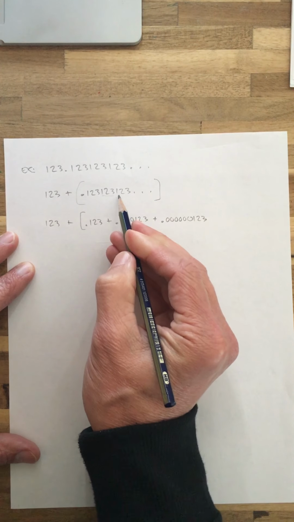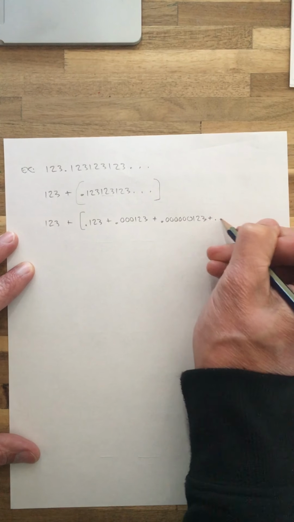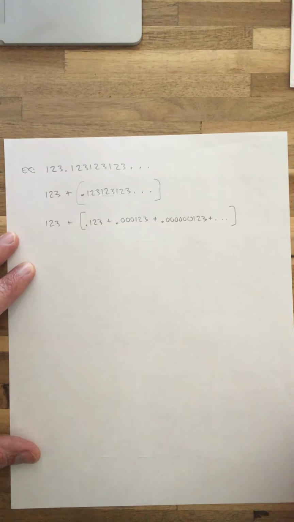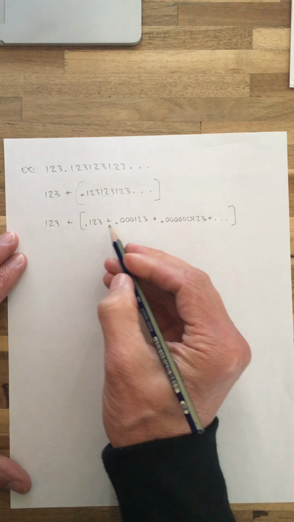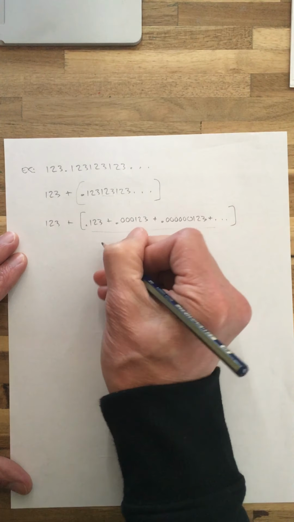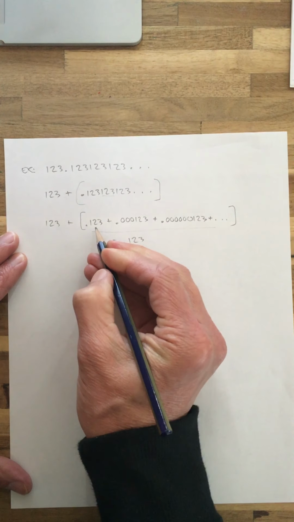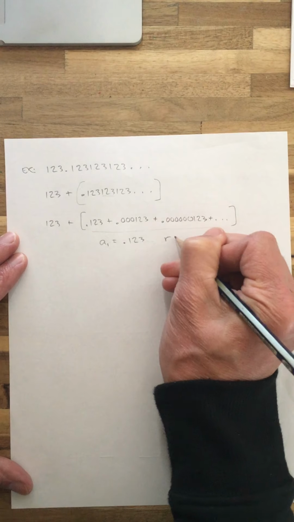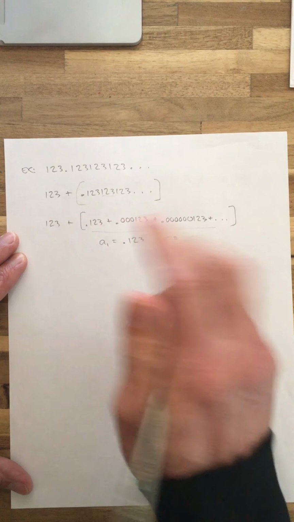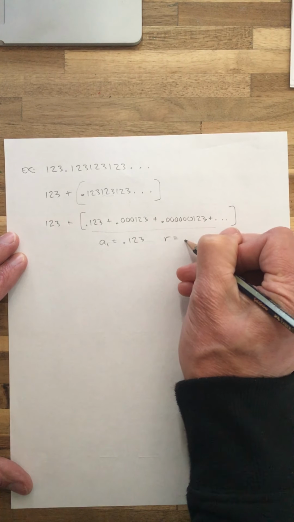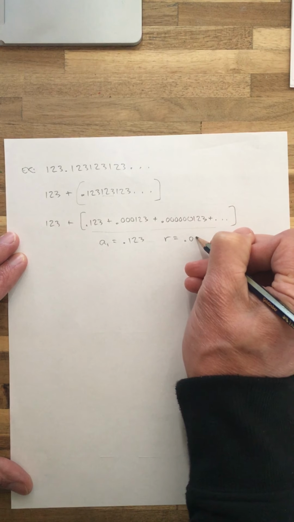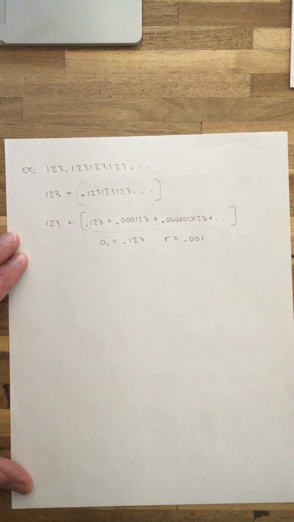That gets us up to this guy here, and then it just goes on and on forever. So now your a sub 1 is going to be 0.123, that's your first term. And then your r is going to be, take that, divide it by that, and you will get 0.001.